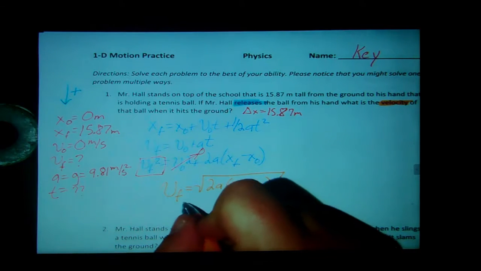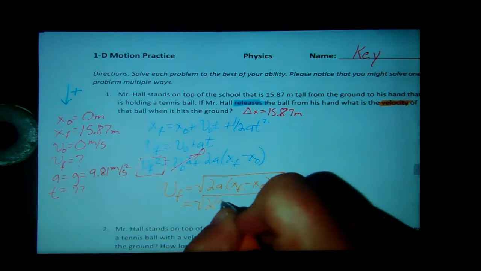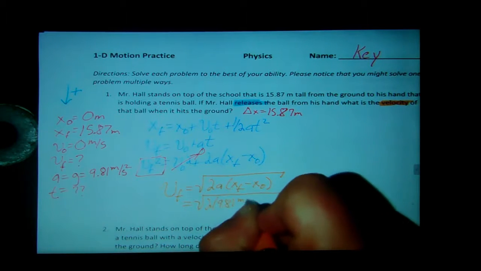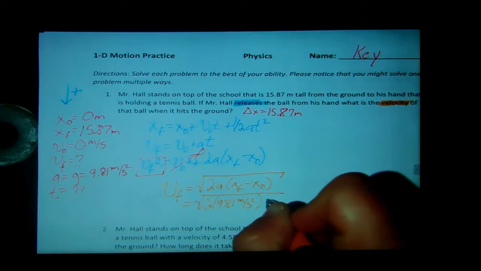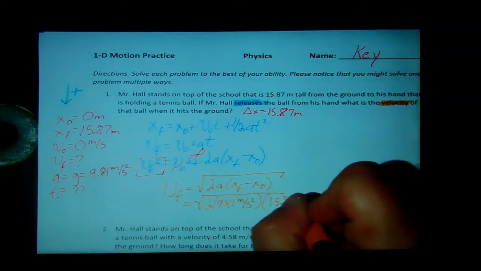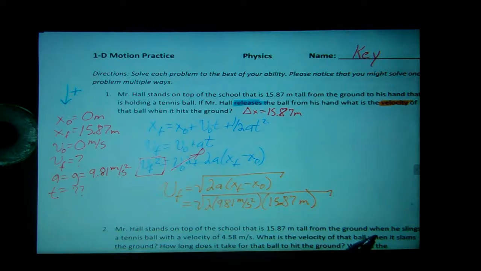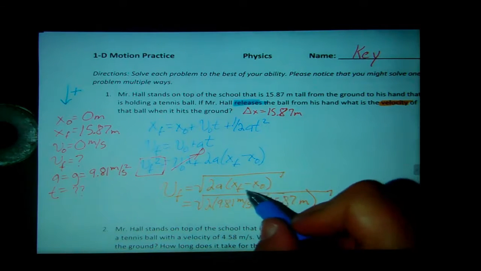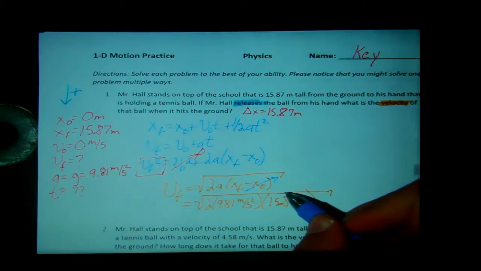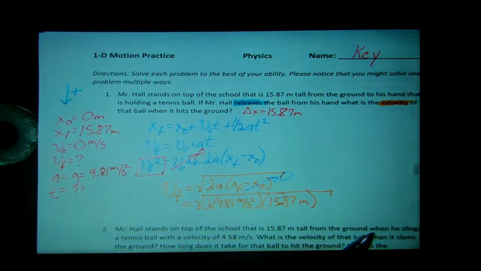And in this, just plugging numbers in, 2 times 9.81 meters per second squared times the final position, which was 15.87 meters. And I'm going to end that quantity. And I can end that quantity because, what is the initial position? It's equal to 0. So I can just take it out.